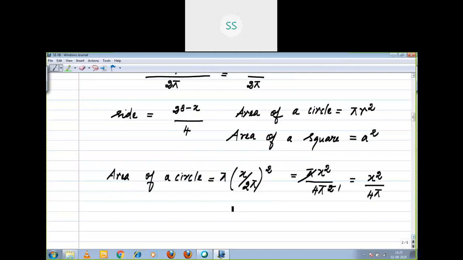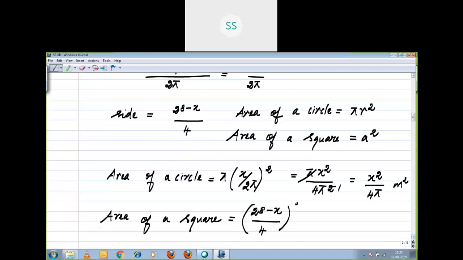Right. Now, area of a square. Here you should mention the unit, children. Area can be represented in meter square. Then the area of a square. What is the perimeter you have? 28 minus x, that is the side, right? Divided by 4, the whole square.